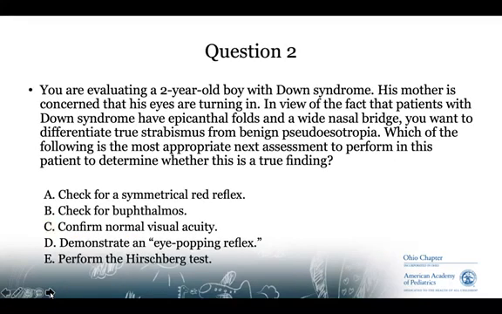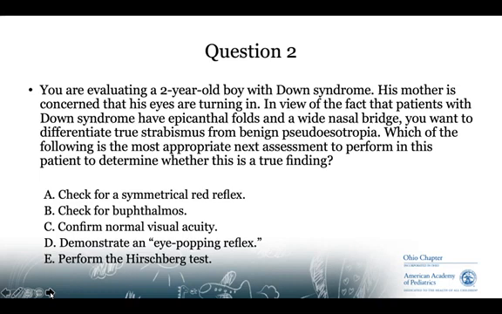All right, next question. You're evaluating a 2-year-old boy who has Down syndrome. His mother is concerned that his eyes are turning in. In view of the fact that patients with Down syndrome have epicanthal folds and a wide nasal bridge, you want to differentiate true strabismus from benign pseudoesotropia. You'll remember I showed a picture of that earlier in the presentation.